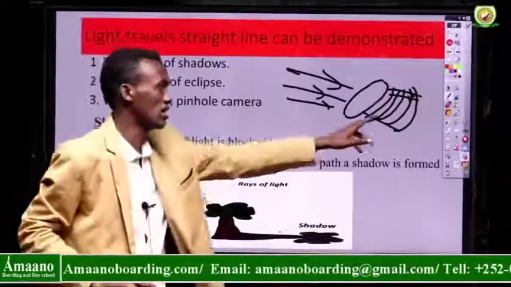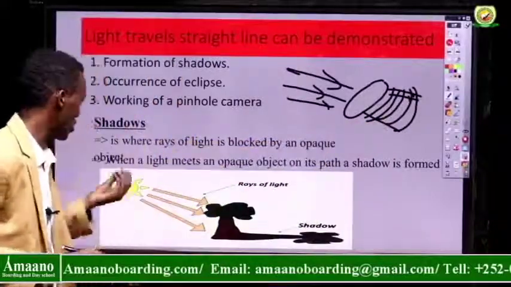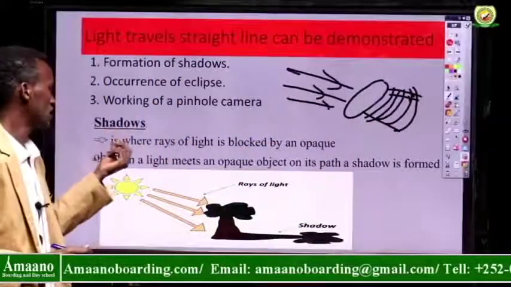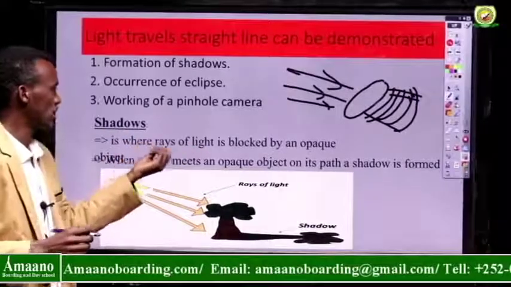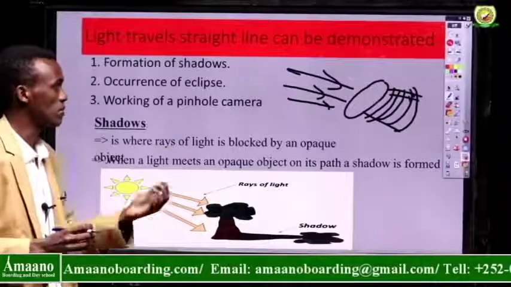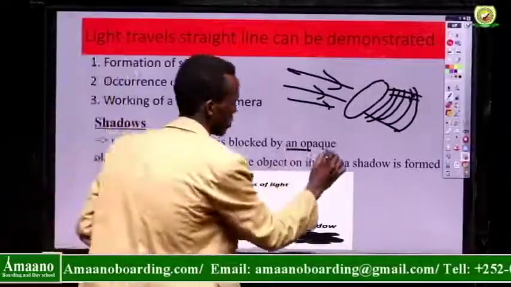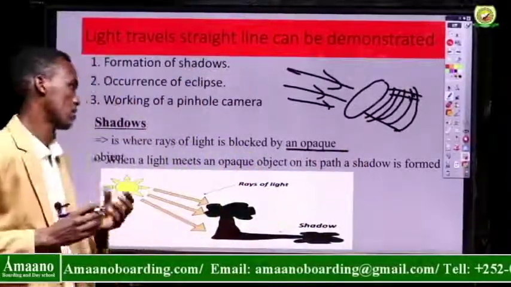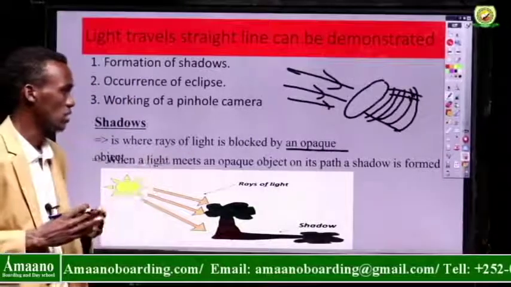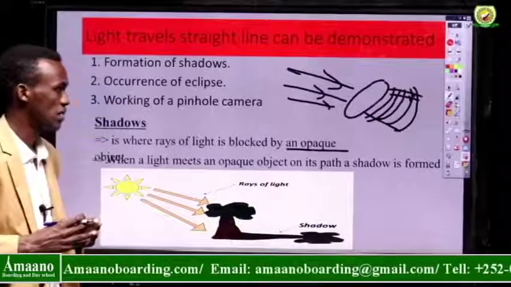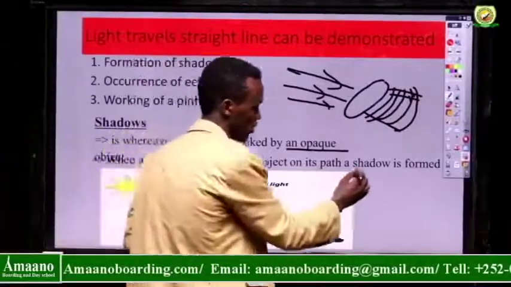So this is called a shadow. A shadow is where rays of light are blocked by an opaque object. So when the light meets an opaque object on its path, a shadow forms.